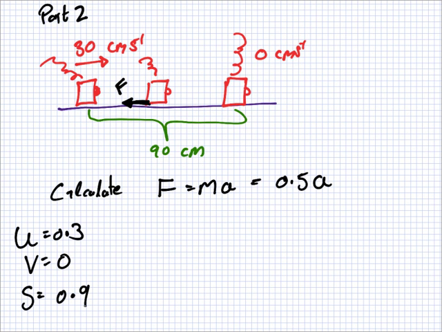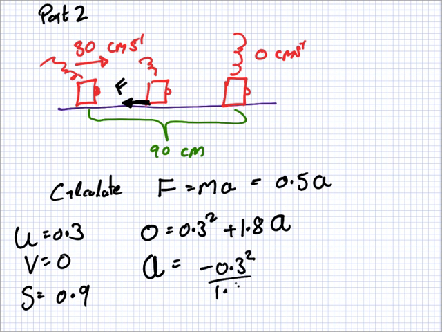S equals? No. V squared equals u squared plus 2as. So the a is minus 0.3 squared over 1.8. What's that, please?